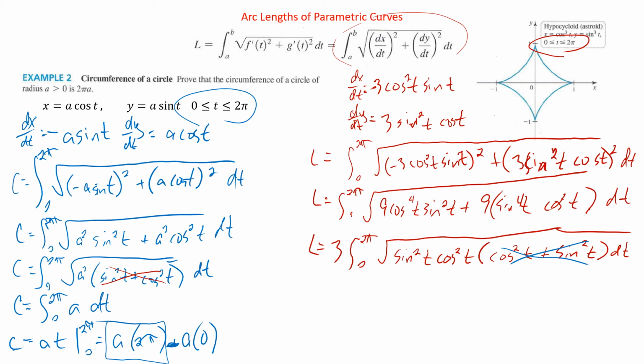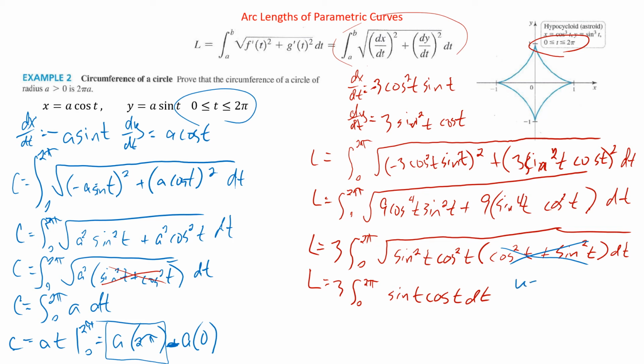So we have the square root of sine squared times cosine squared. Both of those are squared, it's multiplication, so we can take the square root of each of them. So we get L equals 3 times the integral from 0 to 2 pi of sine t cosine t dt. And now we can actually find the antiderivative of this one.